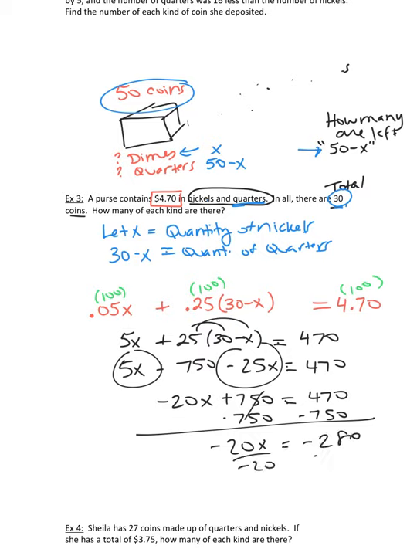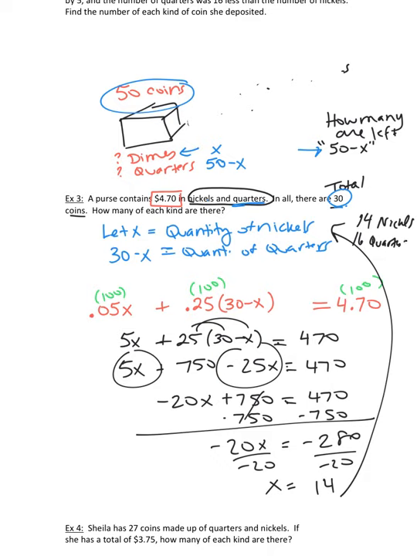Divide both sides by negative 20, and you have x equals positive 14. Going back into your let statements, this tells you that there were 14 nickels, that's the quantity, and 30 minus 14, which is 16 quarters. So whenever they tell you that there's a total number of coins, like 30 coins or 50 coins, you set up let statements saying let x be the quantity of one type of coin, and then the total minus x is the quantity of the other type of coin.